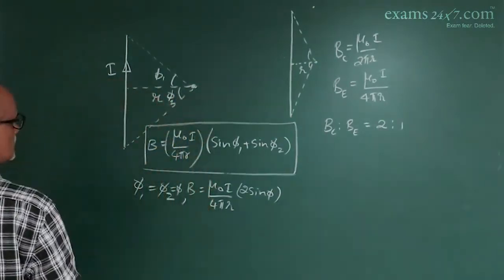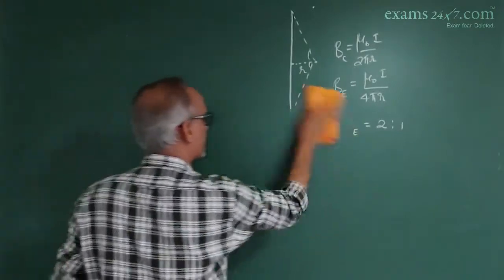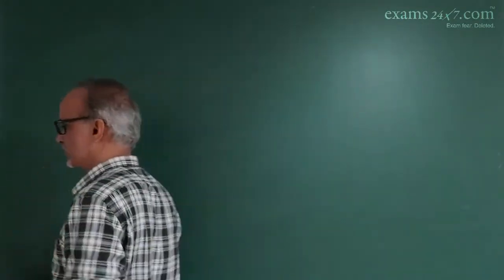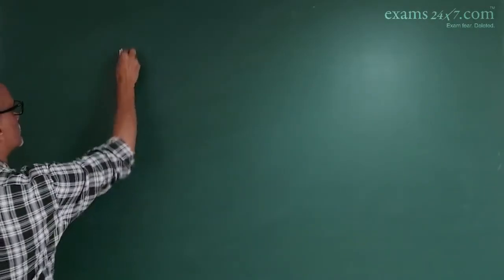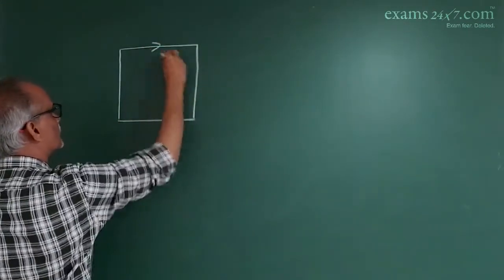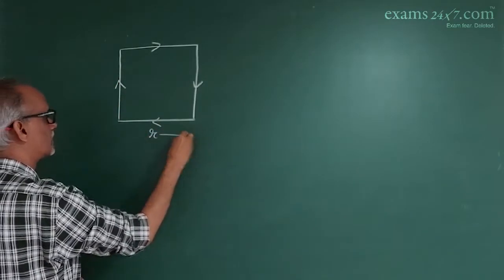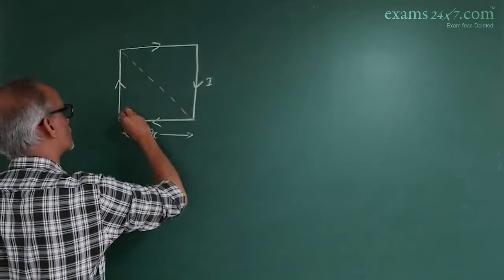So we can use the same equation in finding the net magnetic field due to various configurations. So I'm going to consider a square which carries current, and R is the side of the square.